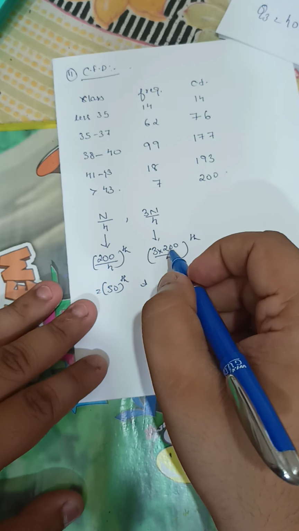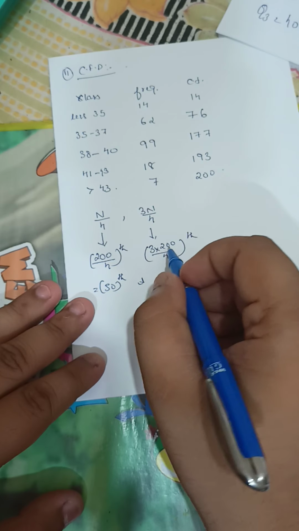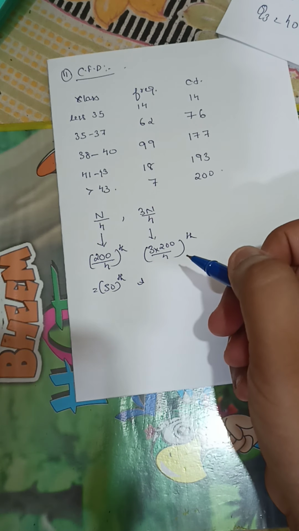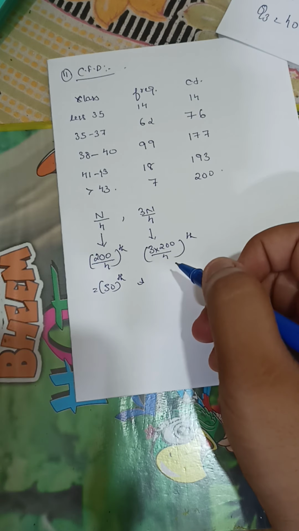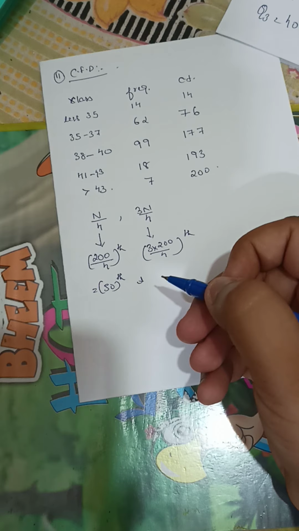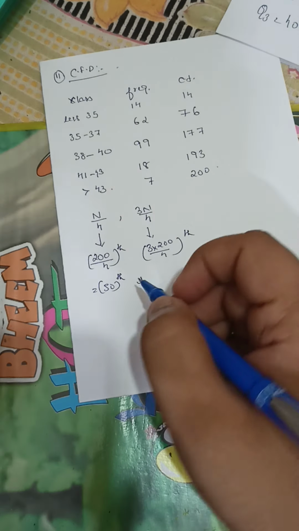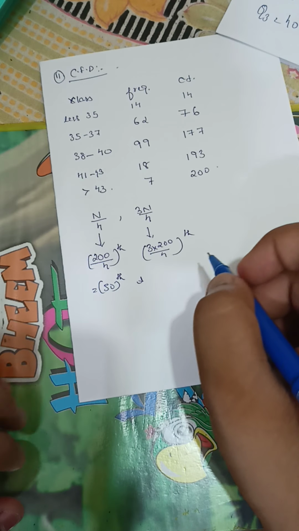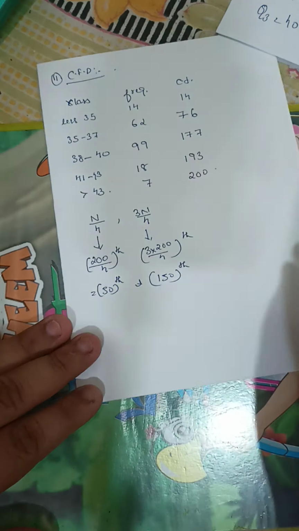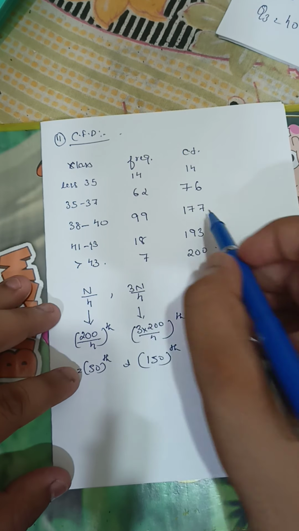The 50th item, so corresponding to this cumulative frequency you have to see which class holds it.